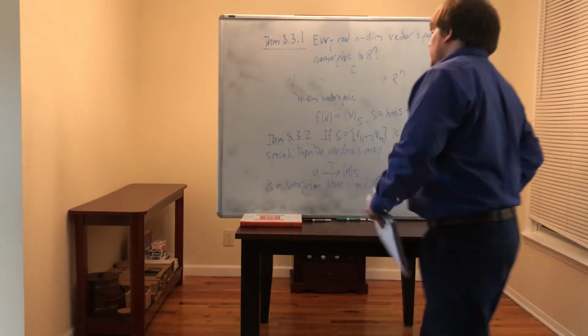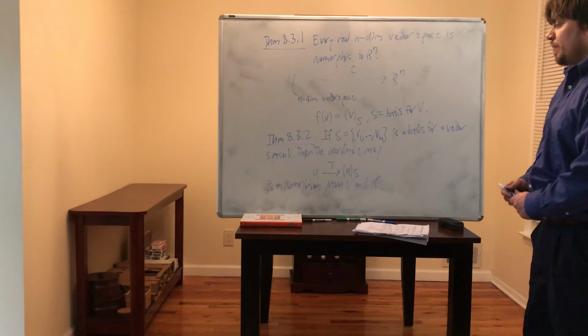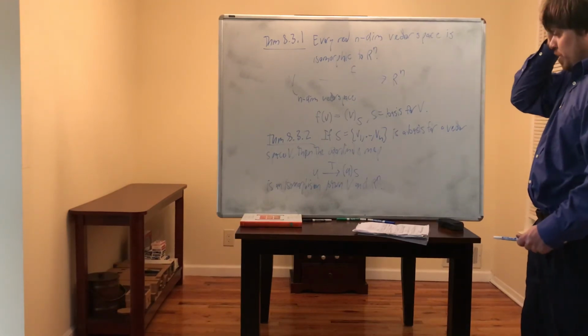And so the conclusion of this theorem is that the coordinate map T there is an isomorphism between V and Rn.